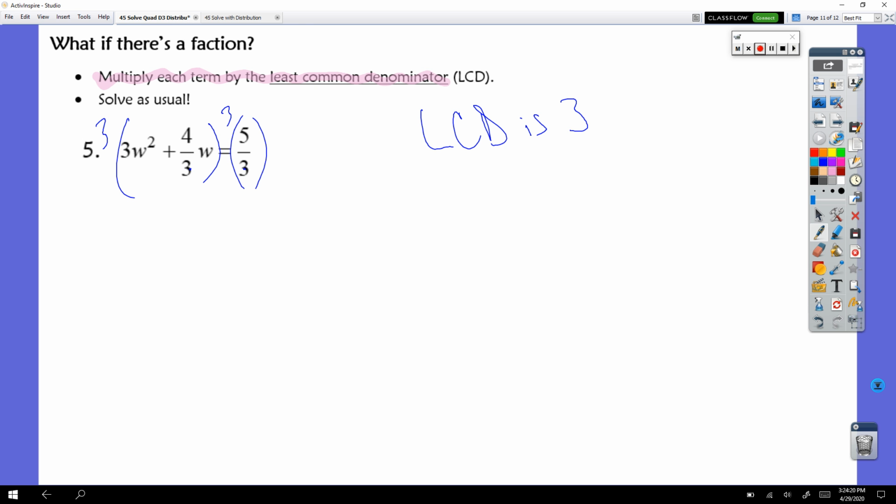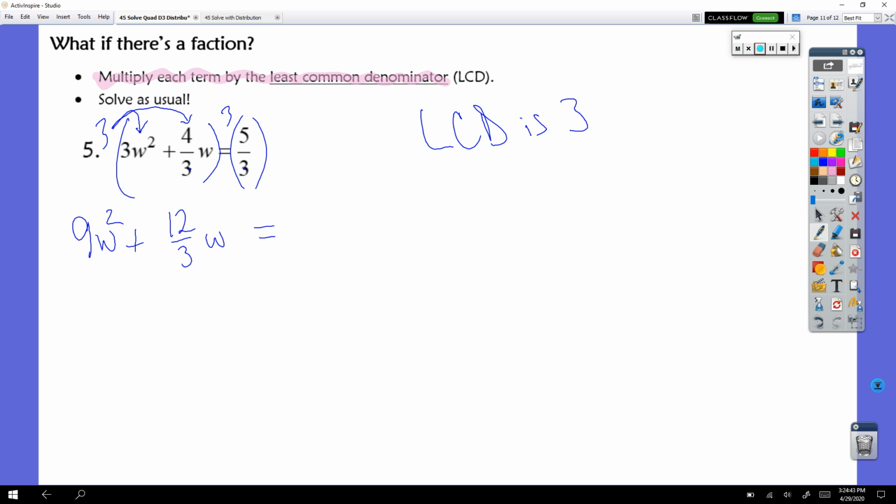So I'm multiplying each side by 3. I'm going to do 3 times 3w squared and 3 times 4/3 w. So 3 times 3w squared is 9w squared, and 3 times 4/3 w is going to be 12/3 w.